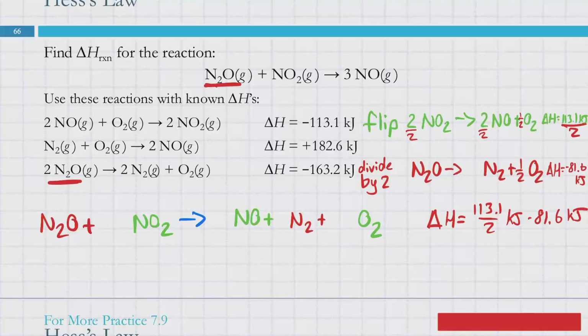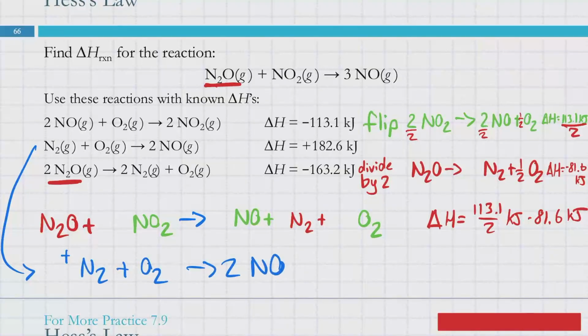Historically, people don't like these questions. I have typically given easier versions than this on the exam. So we're just going to do that as written. N2 plus O2 goes to 2 NO. The N2 cancels, the O2 cancels, and we add to this our 182.6 kilojoules.